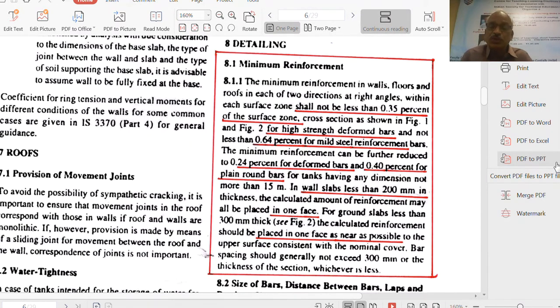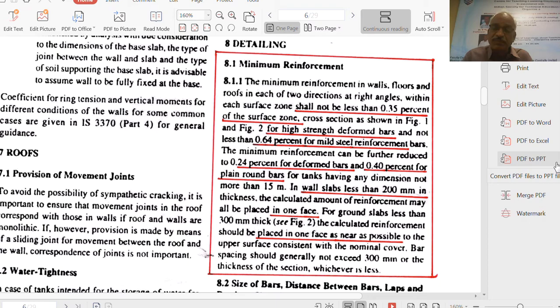The minimum reinforcement in walls, floors and roofs, in each of the two directions at right angles within each surface zone, shall not be less than 0.35% of the surface zone. Minimum steel is 0.35%. This is shown in figure 1 and figure 2; viewers can go through the code and become familiar.